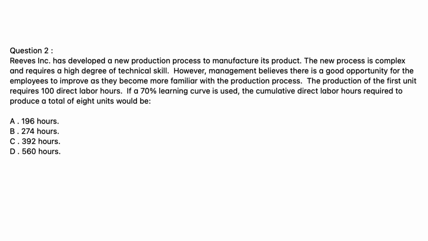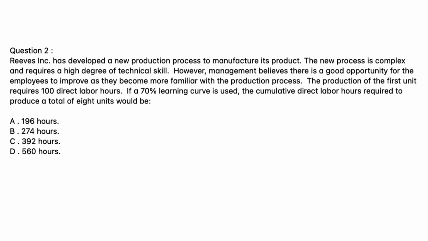Question 2. Reeves Incorporated has developed a new production process to manufacture its product. The new process is complex and requires a high degree of technical skill. However, management believes there is a good opportunity for the employees to improve as they become more familiar with the production process. The production of the first unit requires 100 direct labor hours.